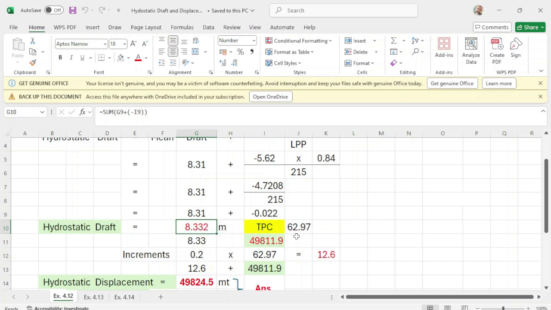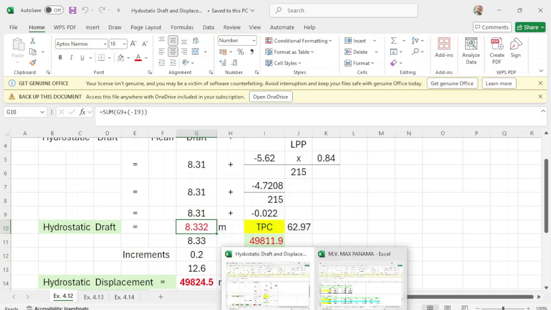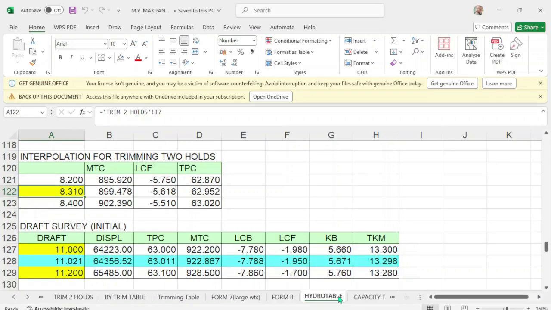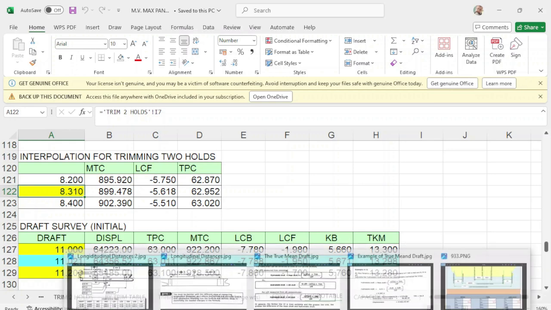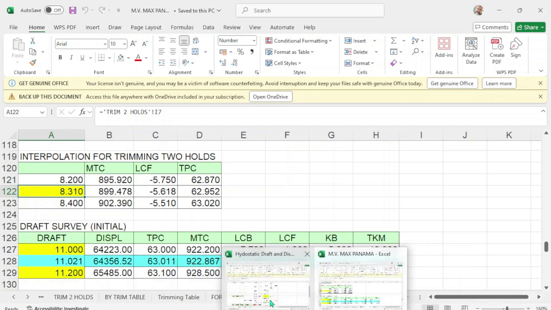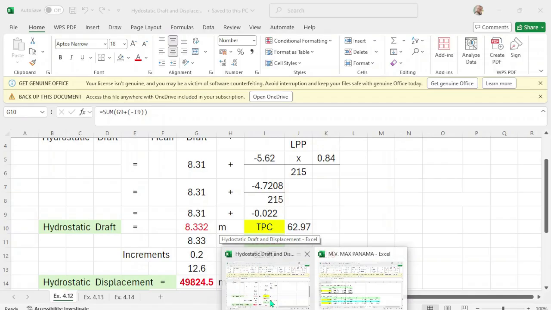Okay, this will be the hydrostatic drop, and from this drop take note of the TPC. So 8.332, the TPC is 62.97. So how do I get this one? Two ways. You go to my program. What is the drop? Again, what's the drop? 8.332.